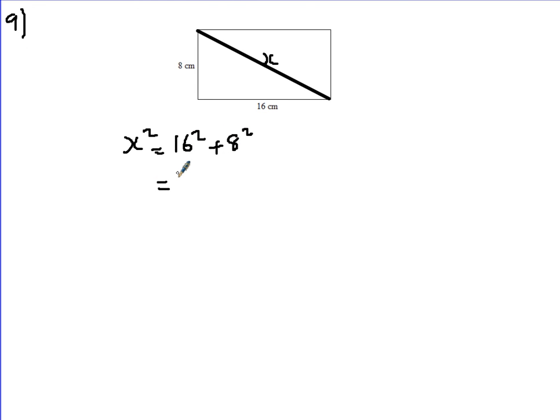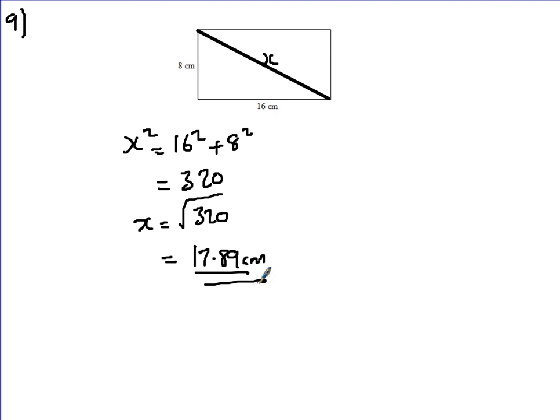So 16 squared plus 8 squared is 320, and then if we square root that, that will then give us our answer, and it wants it to 2 decimal places, so that'll be 17.89 centimetres.